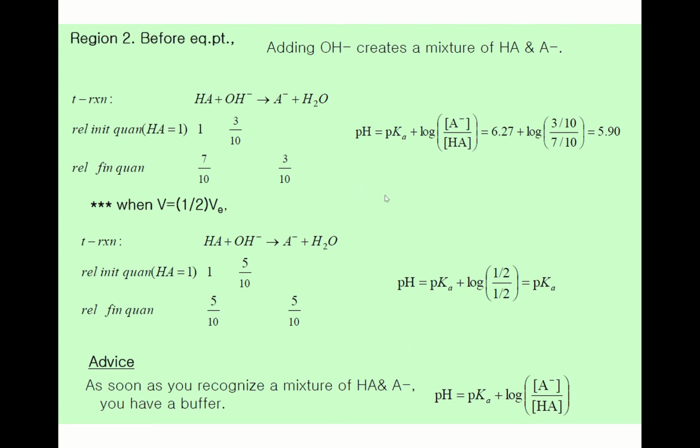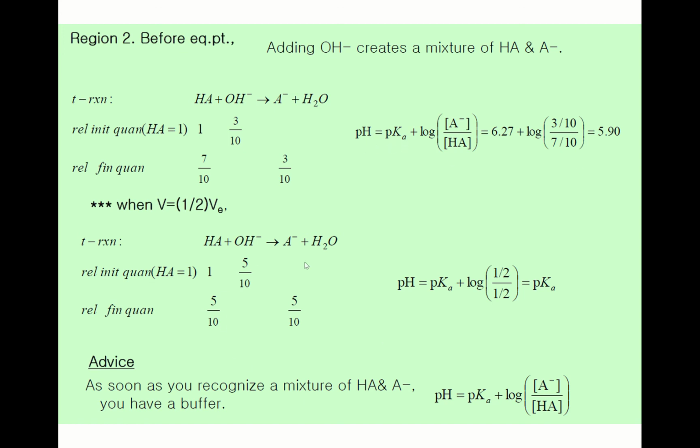The special point is that when you add exactly half of the equivalence point volume, V equals one half of VE, the concentrations of anion and HA are the same, so they cancel out. Log 1 is 0, so pH simply becomes pKa.